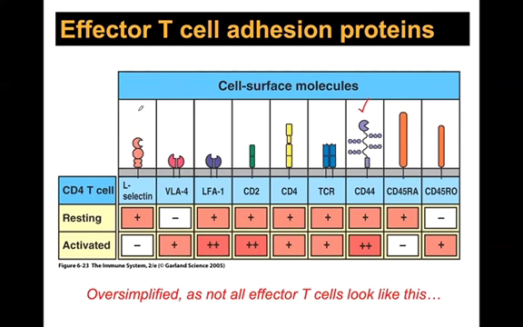So the main ones are the selectins, the integrins, and then some of the other adhesion molecules, particularly CD44 and CD45. Now this is oversimplified. There are lots of other changes, but these are the main surface adhesion molecules that you really should know about, that allow T cells to really stick to other cells so they can kill them.